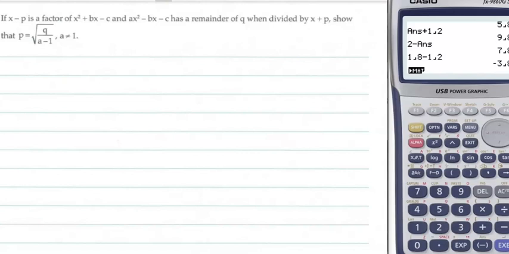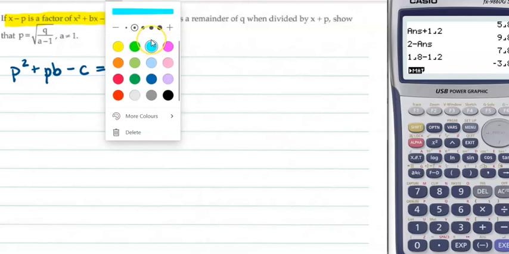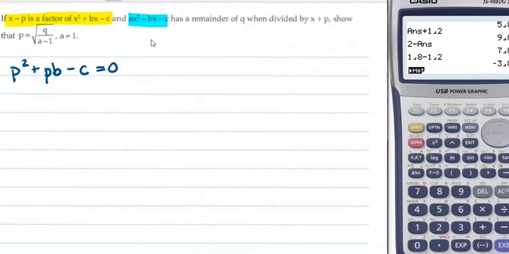Okay, last part. We have that x minus p is a factor of this. So first of all, we can write down that if we put p into that equation, it will be equal to 0. Second bit of information we have is that if we divide this bit by this bit, we will get a remainder of q.